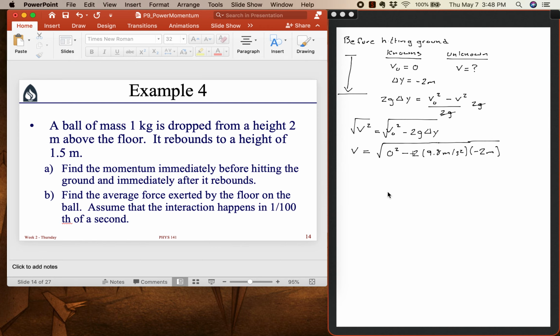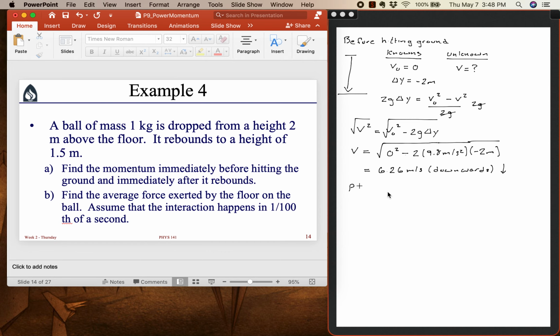And so the minus here cancels with the minus here, and I get a speed of 6.26 meters per second. The direction would be downwards. So immediately before the ball hits the ground, it's traveling at 6.26 meters per second in the downward direction.